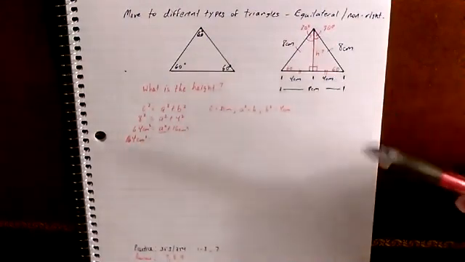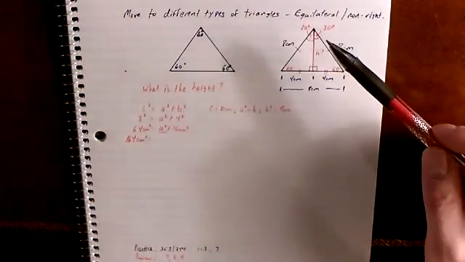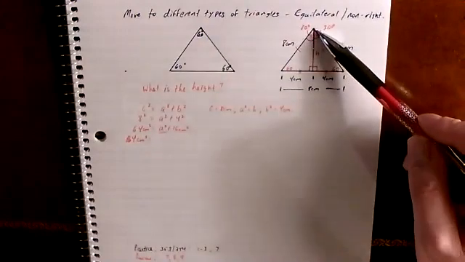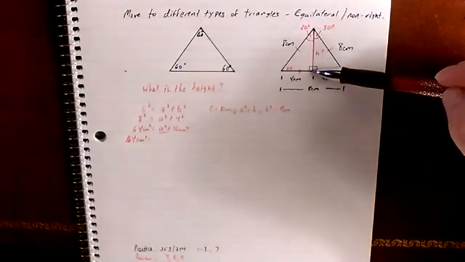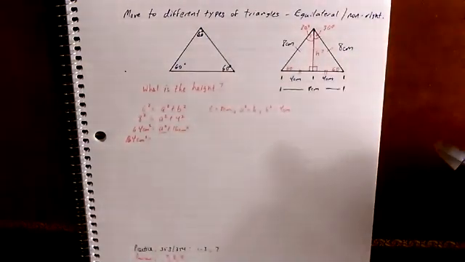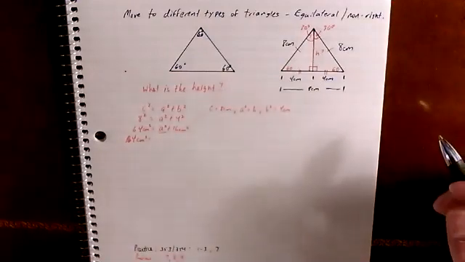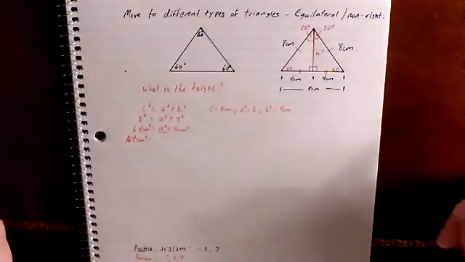right-angled triangles. So we need to take a line and run it straight down the triangle, whatever is going to give us right angles.